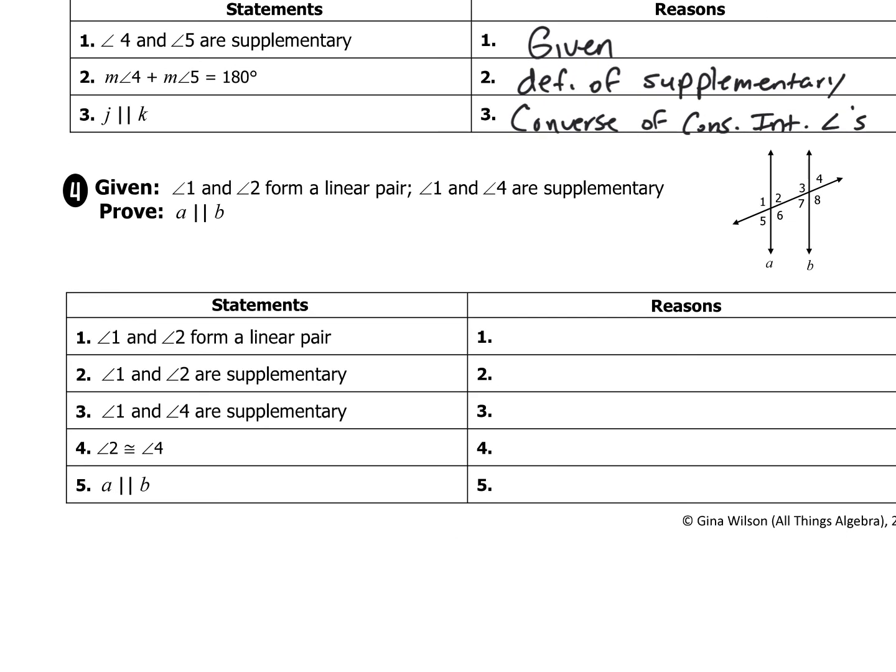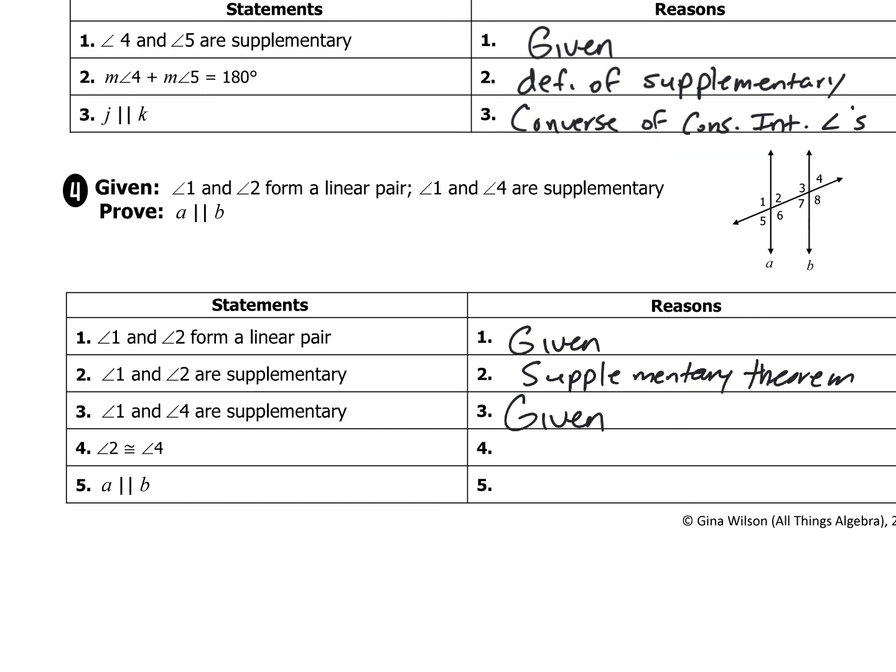All right, number 4. Angles 1 and 2 form a linear pair. That was given. Angles 1 and 4 are supplementary. That was given. Linear pair, the definition of a linear pair is that they're supplementary. And so this is the supplementary theorem. Okay, and we saw that when we were learning about the different angle relationships. And then angle 2 is congruent to angle 4.